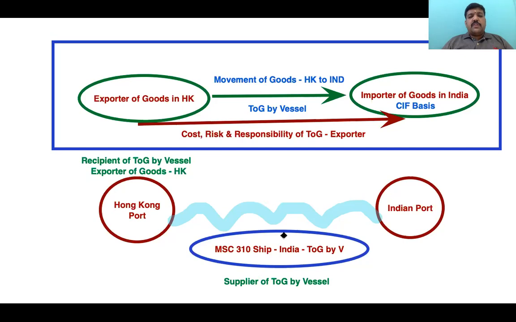This time the goods move from Hong Kong port to Indian port by an Indian ship. Understand the difference. Earlier it used to move with a foreign ship. This time everything remains same, ship alone changed. The goods this time come in an Indian ship, not in a foreign ship.